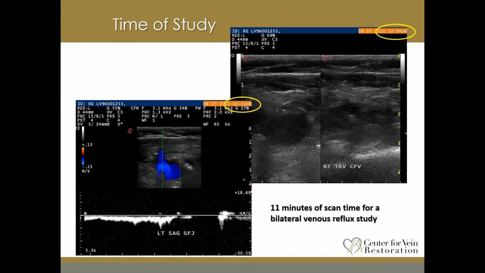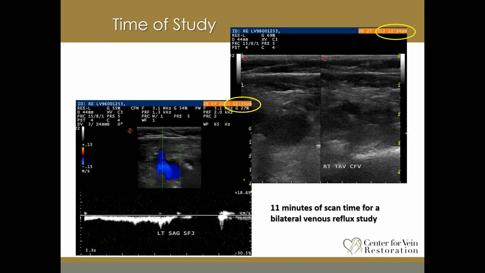So we know 11 minutes doesn't seem like enough time to really acquire the proper information necessary to give you as the physician the details needed to follow through with whatever recommendations you may need to give to the patient.